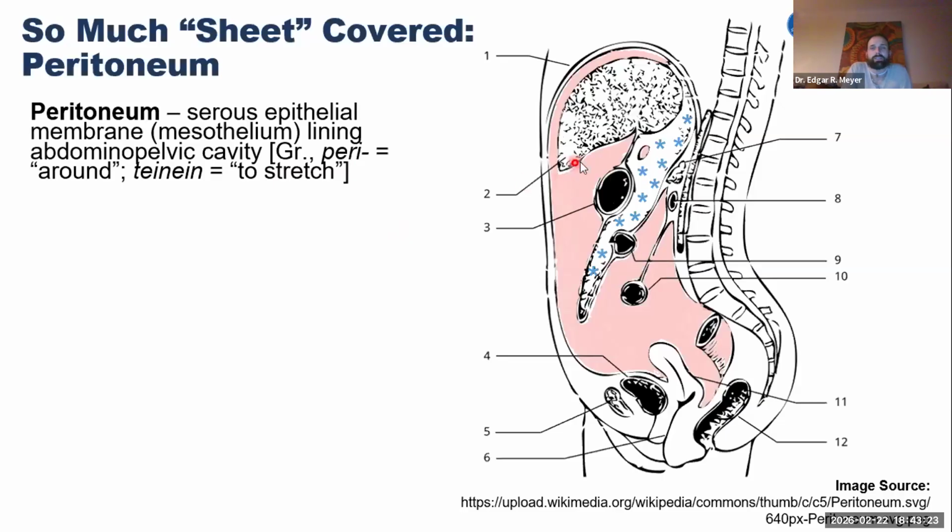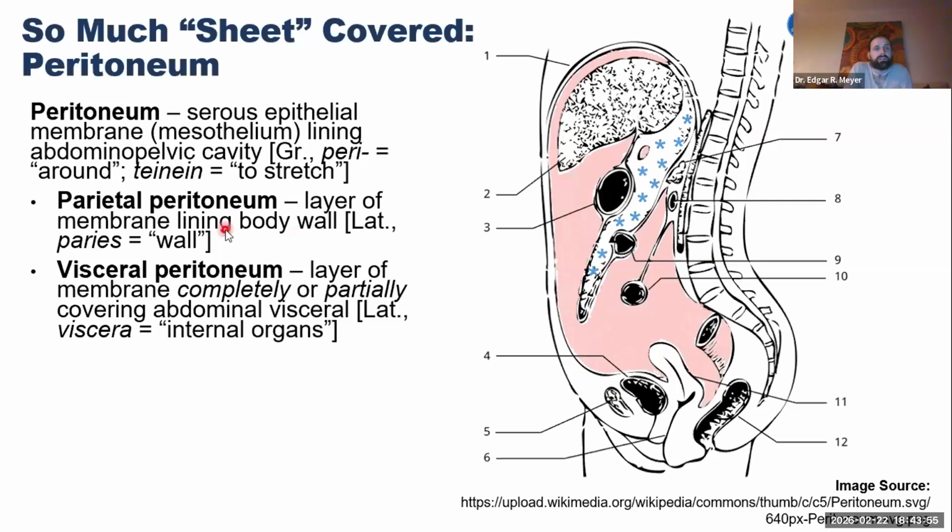If you imagine a balloon, envisioned by this pink region here, inflating inside of your abdominopelvic cavity, as that balloon inflates, parts of it are going to touch the body wall, and parts are also going to touch the visceral organs inside the abdominopelvic cavity.